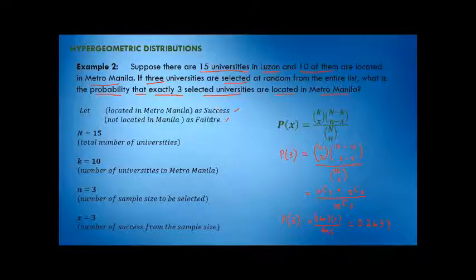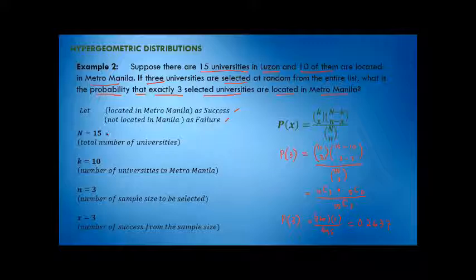Okay? Next, the total number of universities is capital N is equals to 15. So, 15 lang ang totality ng university. Hindi siya 25. Kasi yung 10, kabilang na siya dito sa 15. Kasi nakalocate siya sa Metro Manila. Ang Metro Manila ay sakop ng Luzon.